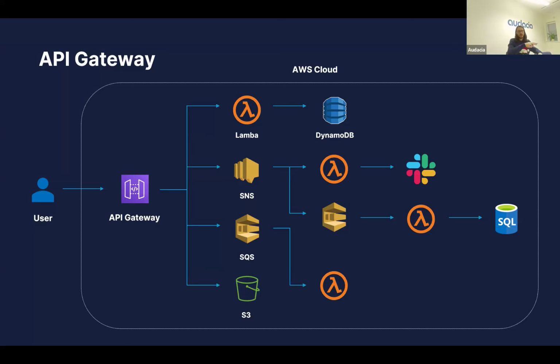It's just a gateway into your AWS region to then be able to get into all your other services like Lambda, SNS, SQS, S3. You can see there's an example where you can get straight into DynamoDB, which is like Cosmos DB in Azure. So it's just a serverless NoSQL database.